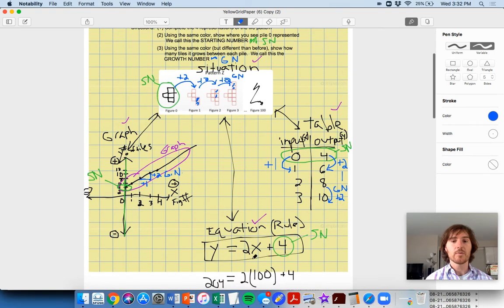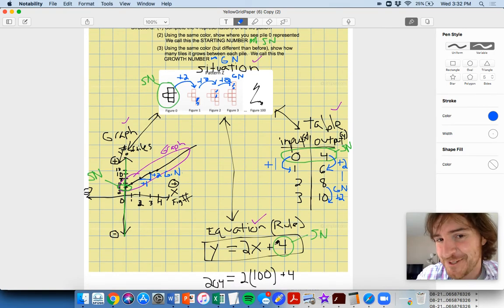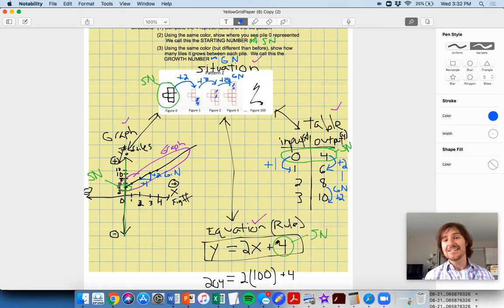Last one here, where do we see our growth number in the equation? A lot of people said going to the equation is what I do first when I have the tile pattern. And it is definitely the simplest out of all of them, which is nice, okay? Because our table has a lot of data in it, a lot of numbers. This graph is super messy to do. It takes a lot of work to do that graph. Here, if you can get the equation, it's pretty easy to write, and boom, we have our 2 right there.